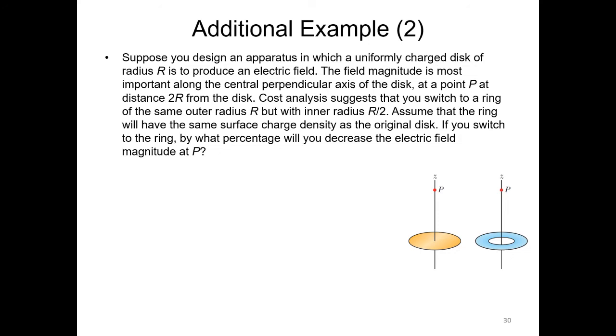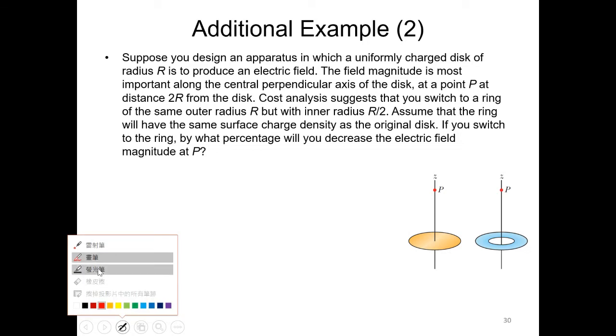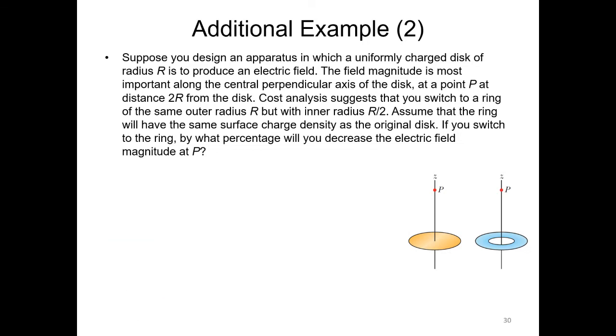So suppose you design an apparatus with a uniform charged disk of radius R to produce an E field. The field magnitude is most important along the central perpendicular axis to the disk, at the point P at distance 2R. Cost analysis suggests that you switch to a ring of the same outer radius R, but the inner radius R over 2.